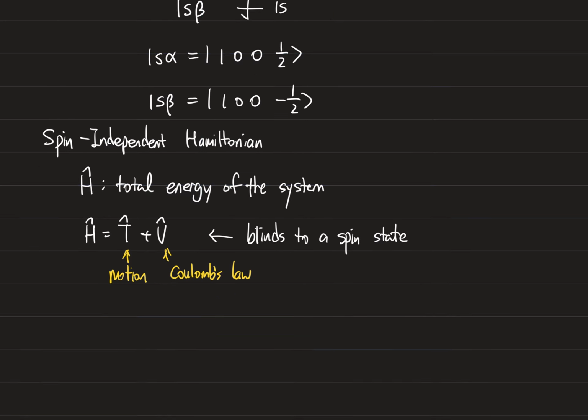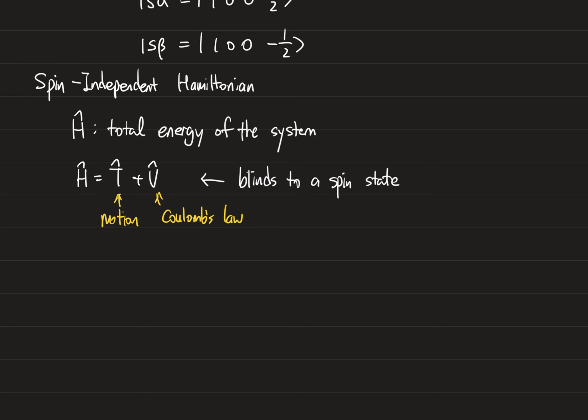So this leads to the degeneracy of the system. Because the Hamiltonian doesn't care about electron spin, the energy calculation returns exactly the same result regardless of the spin quantum number m sub s.